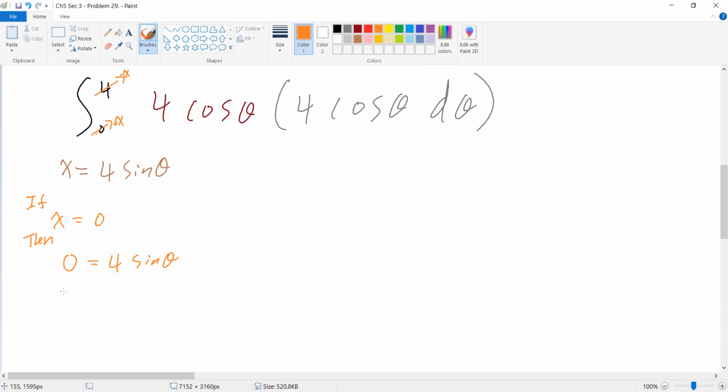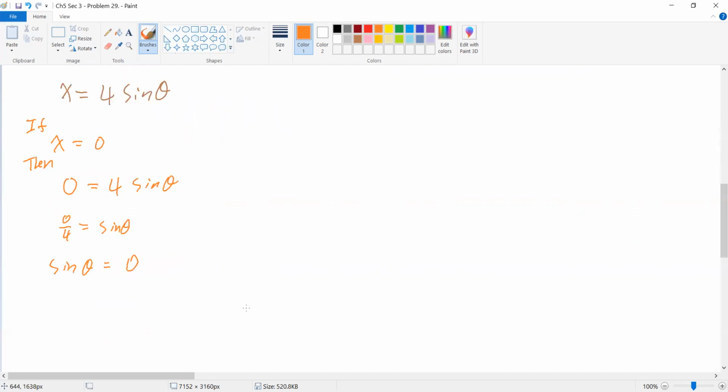I'm going to divide both sides by 4. So I have 0 over 4 is equal to sine of theta. And so sine of theta is equal to 0. However, we still have to take the inverse of both sides. So theta is now equal to sine inverse of 0.